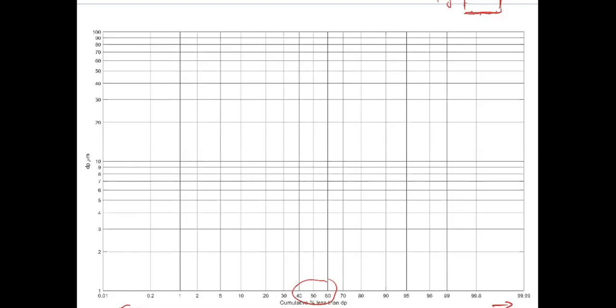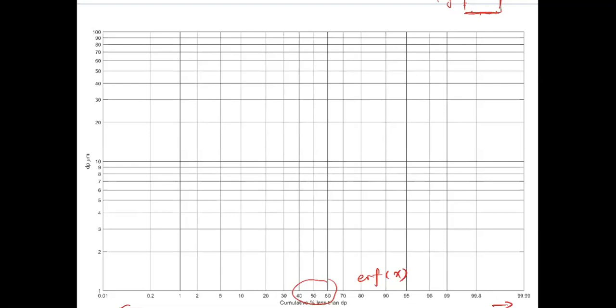And actually, this relationship follows the error function that we talked about in the class. There are a few extra slides talking about the error function, how we make this semi-log plot. If you're interested, you can go through that. Basically, that's in our slides talking about the log normal distribution of the particles.